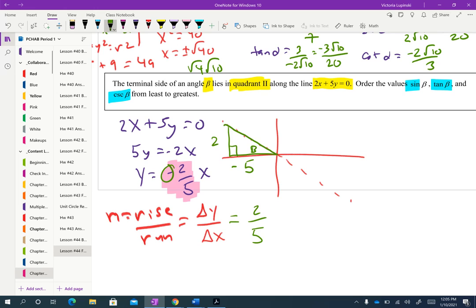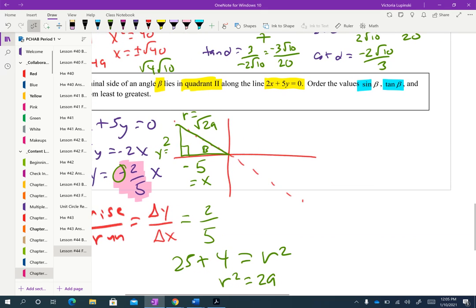Find the third side. So x squared, which would be 25, plus 4 is equal to r squared. R squared equals 29. And again, if you take the square root, it's going to be positive square root of 29. So we now have our x, y, and r. Again, notice they only wanted certain quantities. So they wanted the sine.